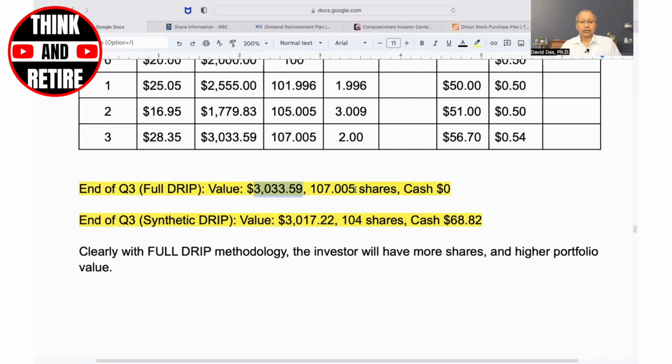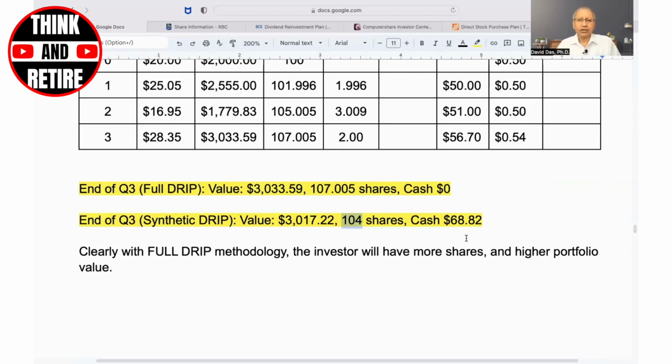The number of shares with the full drip is 107.005, and with the synthetic drip, it's only 104 shares. So you can see that with the full drip methodology, the investor will have more shares and a higher portfolio value.